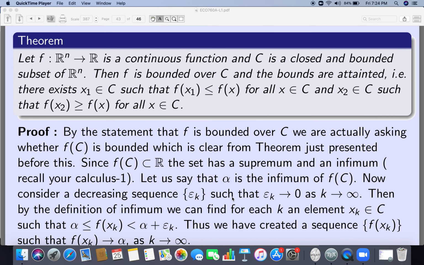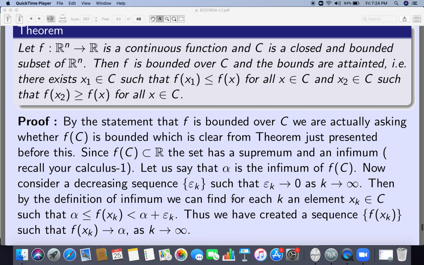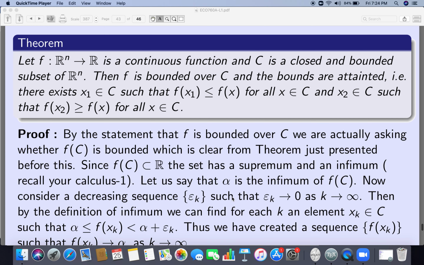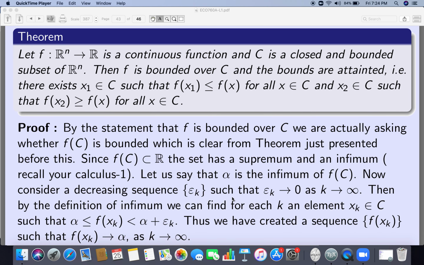Now we come to a very important result, which takes us to the starting point of an amazing subject called optimization, which is a central mathematical toolkit for an economist, and an economist should actually know this theorem.